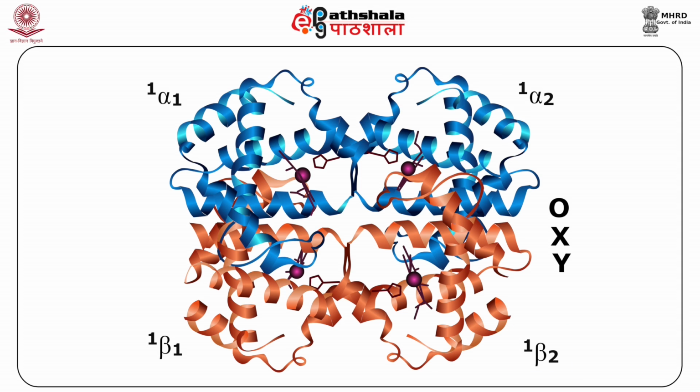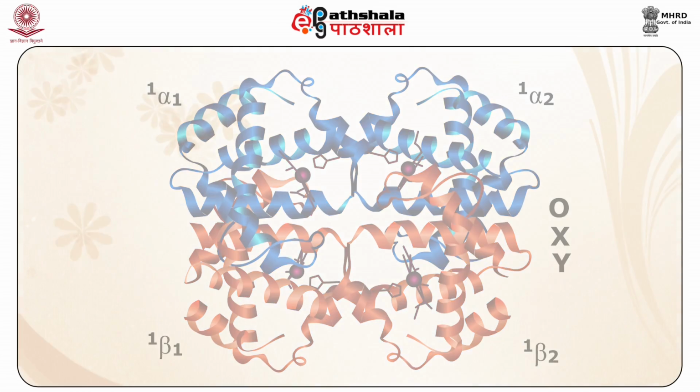These 2 states are in equilibrium with each other. Dioxygen can bind to hemoglobin in both the states. However, it has a higher affinity for hemoglobin in the R state. Deoxyhemoglobin is constrained by salt links or electrostatic interactions between the polypeptide chains of the 4 heme subunits.